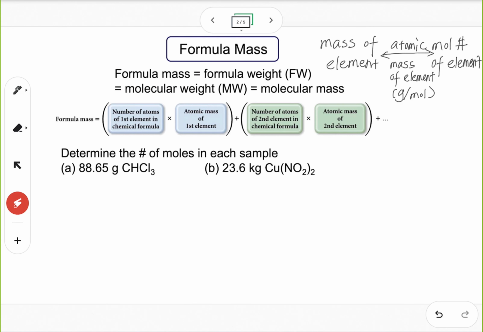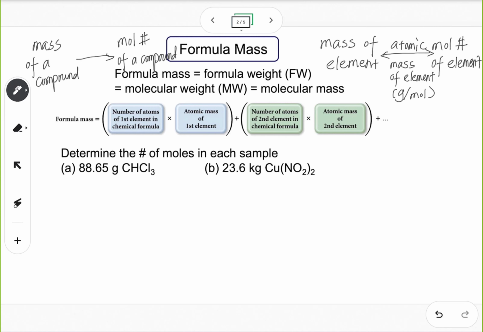Same purpose here. If we know the formula mass, then we can find out the mole number of the compound, or we can find out the mass. Let me write it here. The mass of a compound and the mole number of the compound: between these two, the bridge is the formula mass, or formula weight.